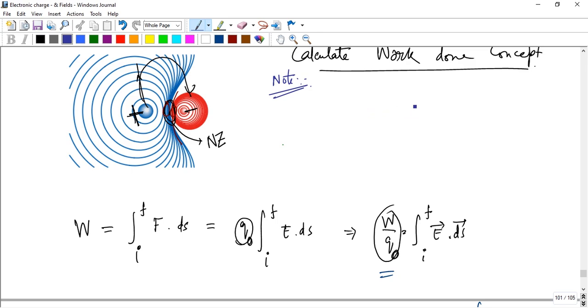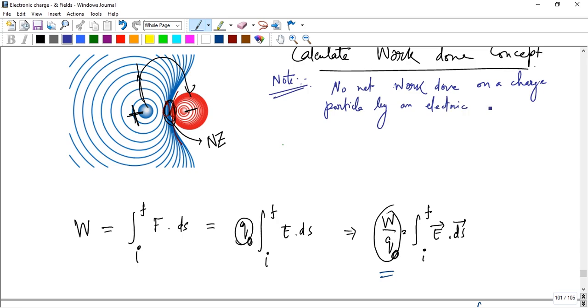No net work is done on a charged particle by an electric field when the particle moves from I to F.